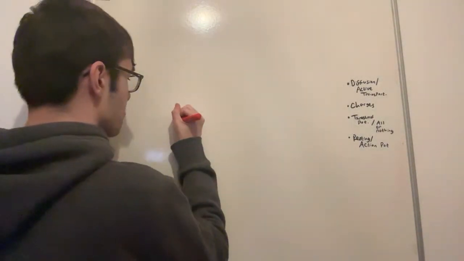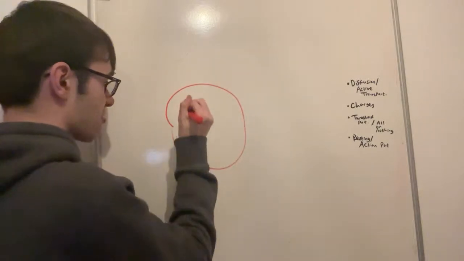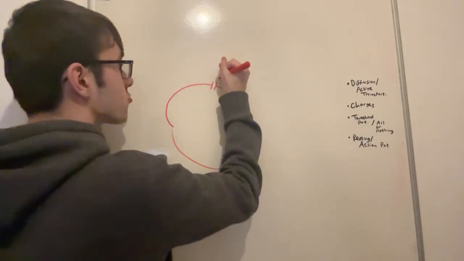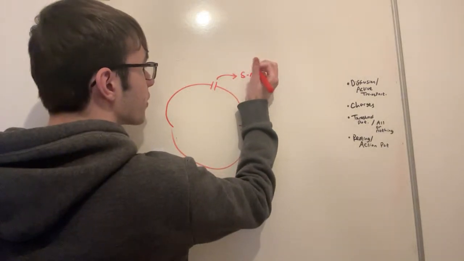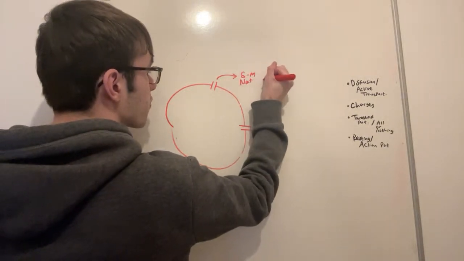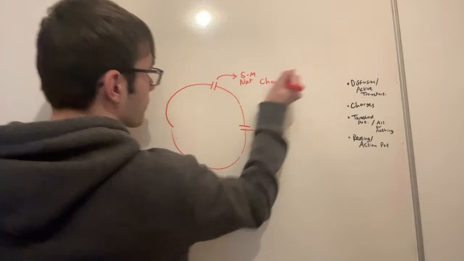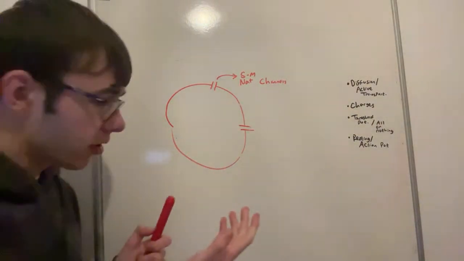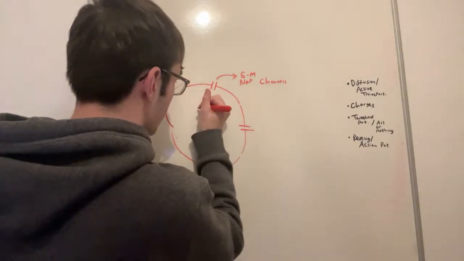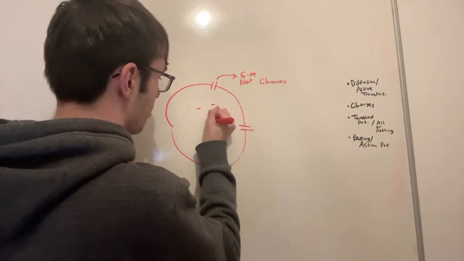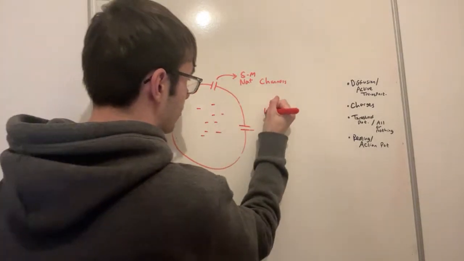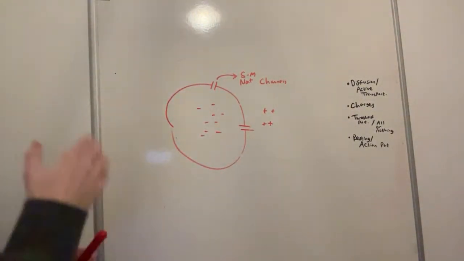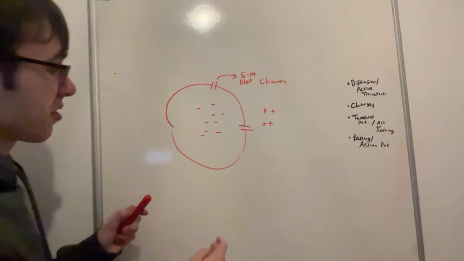It is basically, let's just imagine this is a layer of the membrane. Here we have stretch-mediated Na plus channels. Stretch-mediated means that they are able to stretch. So initially, they are going to be closed, which means the charge inside the cell is going to be very low. The charge outside is going to be positive, because we can link this right back to the action potential.